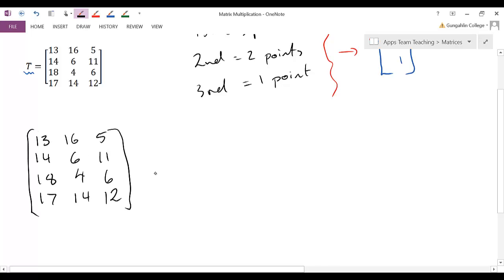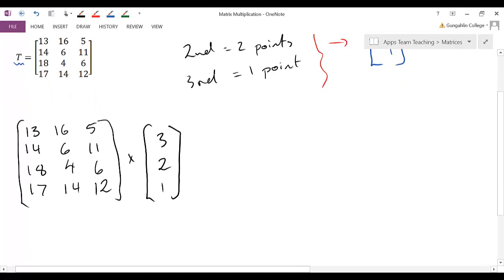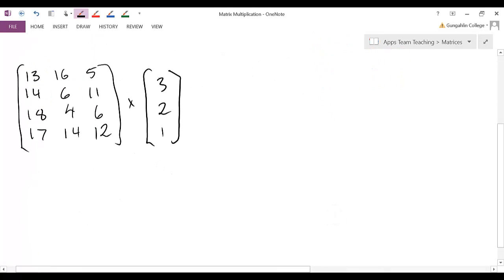I'm going to multiply this matrix by some scale factor: 3, 2, 1. 3 points for first, 2 points for second, 1 point for third. The resultant matrix should give us the total number of points that each house is going to get.